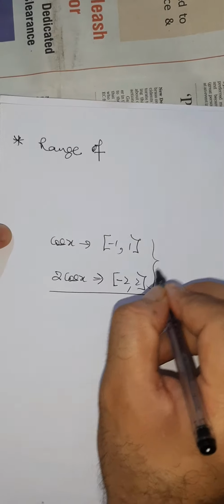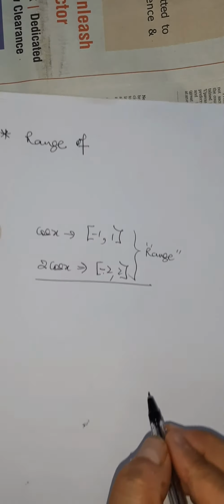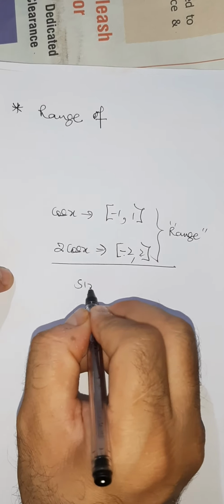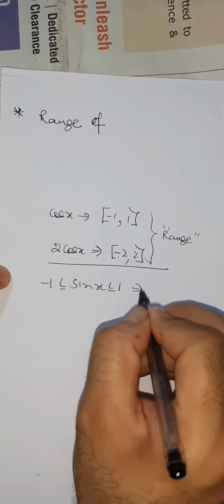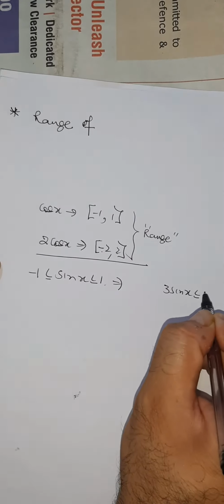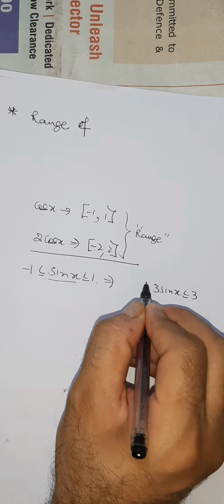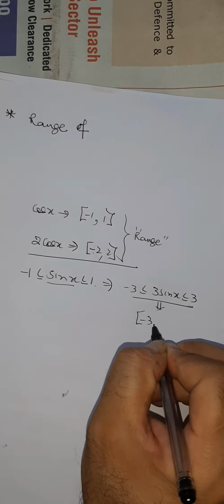Range means maximum and minimum value. For example, what's the range of sine function? Maximum 1, minimum minus 1. So what's the range of, for example, 3 sine x? Maximum will be 3 multiplying with 3 and minimum will be minus 3. So range would be minus 3 to 3.